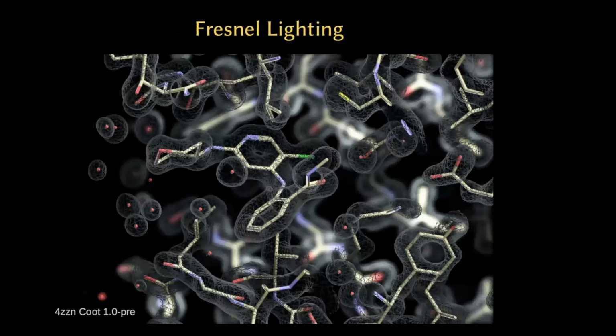So there's a big light at the back of the scene and 2 smaller lights at the front. And the way that lighting works is that it brings out the structure of the map by highlighting the edges of the map. And this works nicely interactively. This is a screenshot, obviously. You lose something in screenshots.